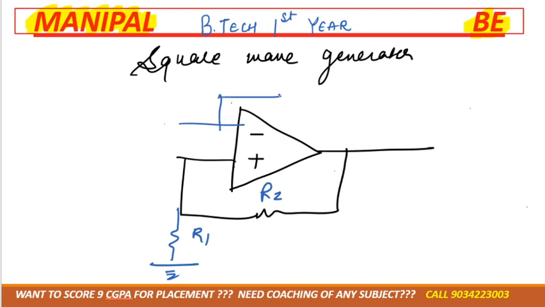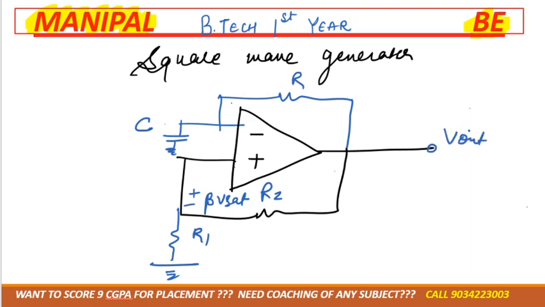Voltage feedback is R, is connected with capacitor, then grounded. Okay. This one is, you need to write it here, plus minus the saturate, capacitor, out. This is basically the circuit of square wave.